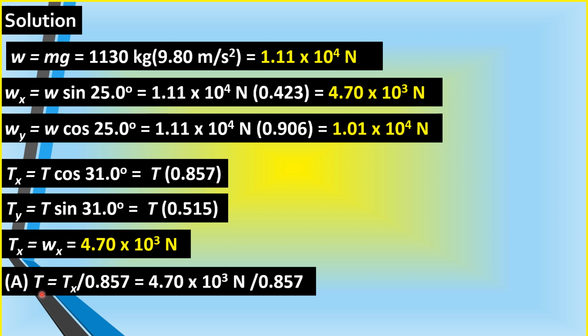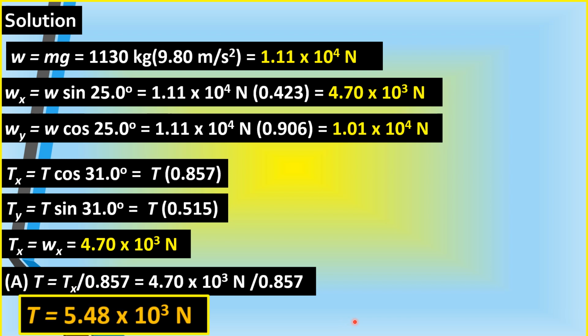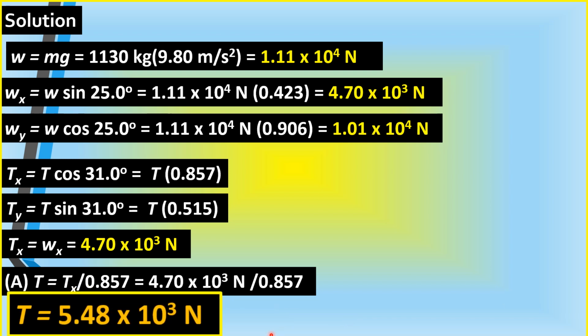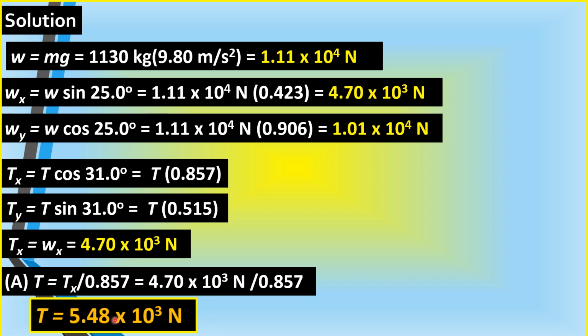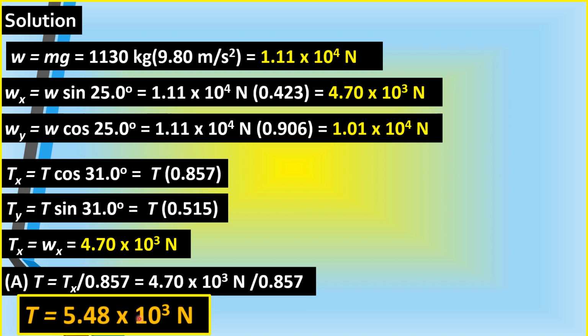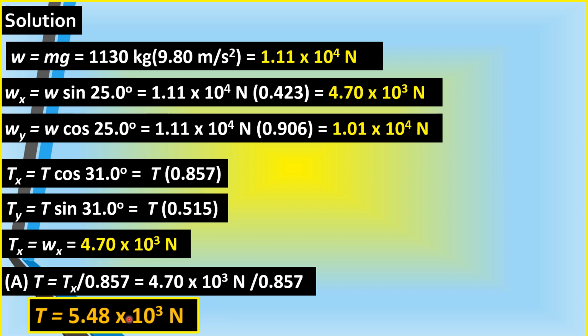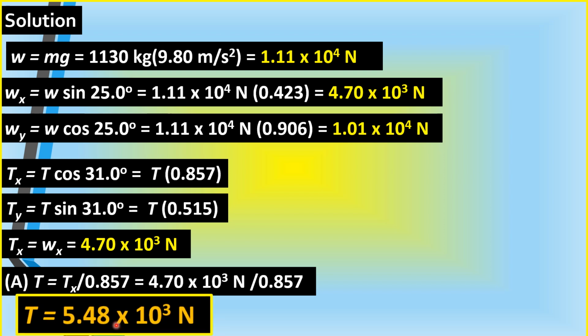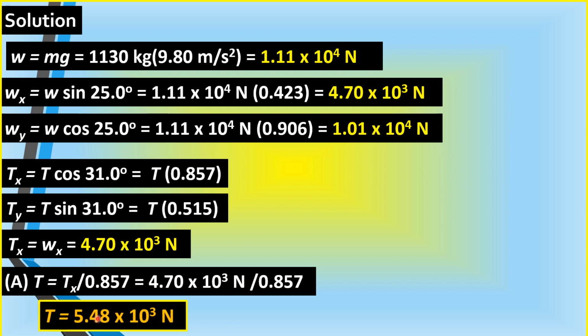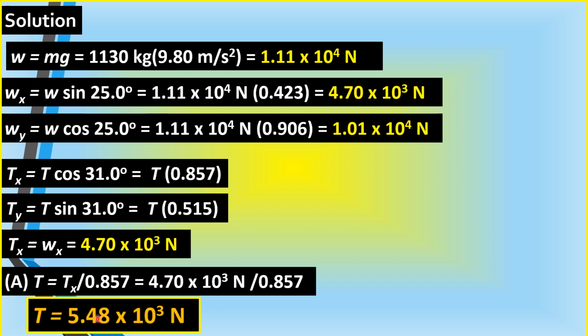We can now calculate T, which is equal to Tx, the fact that we now know what Tx is, which is 4.70 times 10 to the third Newton, divided by the value 0.857, and our answer would be force capital T is equal to 5.48 times 10 to the third power Newton, rounded to three significant figures. This is our answer to the first question: the value for the tension of the cable exerted on the car.